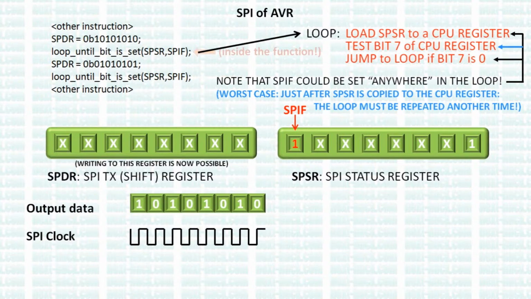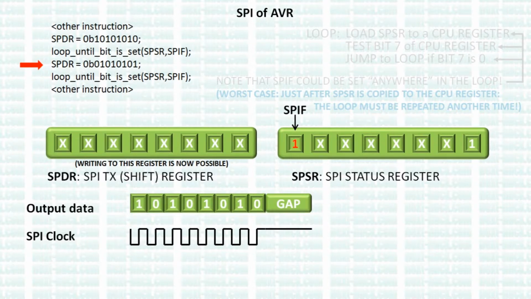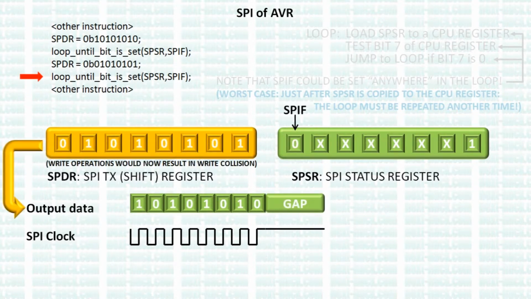We don't know which instruction the CPU is executing when the SPIF becomes 1, unless we perform a cycle-by-cycle detailed analysis as we did on our website. However, for sure, all of these 3 operations must be executed after the SPIF becomes 1 in order to jump out of the loop. This translates into a transfer gap, i.e., the SPI is not sending any more data for a certain amount of time until we write again to its transmitter register. Now we'll write again.